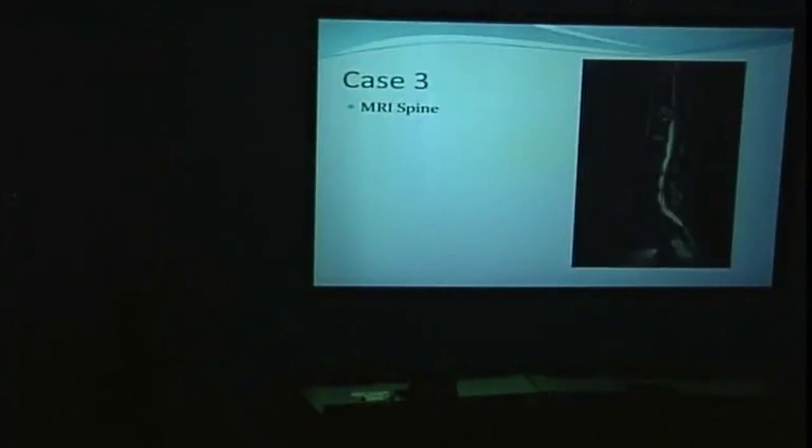This is an MRI scan, STIR sequence, which is very sensitive to fluid, water and edema, so it's good for looking for pathology. This is a sagittal STIR sequence through the thoracolumbar and sacral spine.